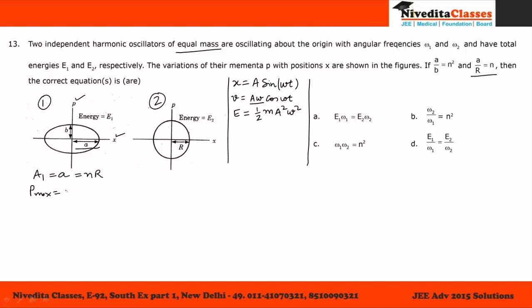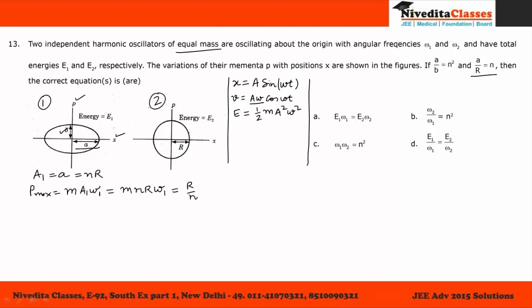So P max is equal to mass into A1 omega 1, and putting A1 as nR, I will have m n R into omega 1. But from the curve which is given to us, we know that the maximum value of P is equal to B, and from this relation, B is actually R divided by n.